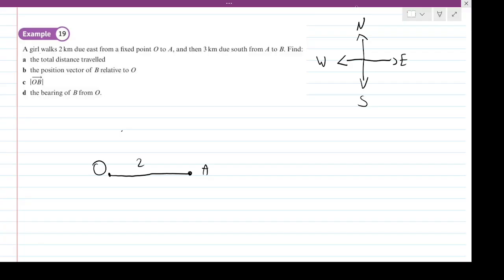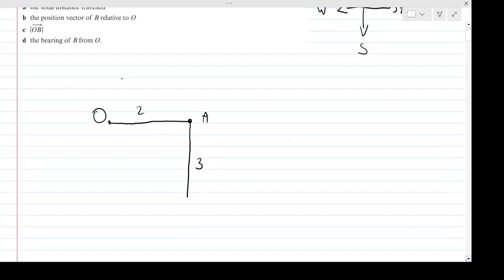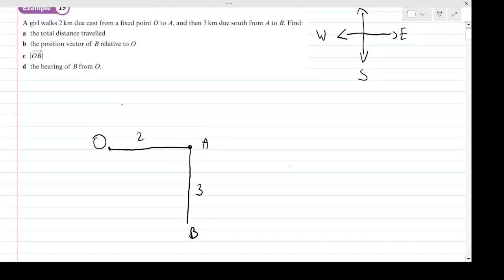Then we are told she then walks 3 kilometers south from A. So that's going to be down by 3, okay? And then we are at the point B. Okay, cool. So we are then told to firstly work out the total distance travelled.